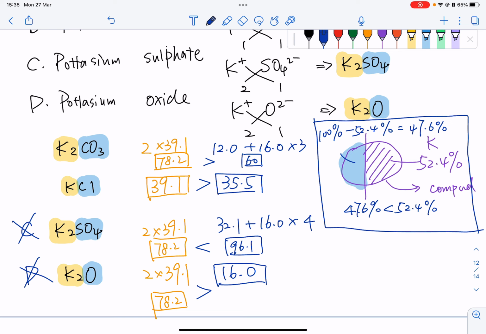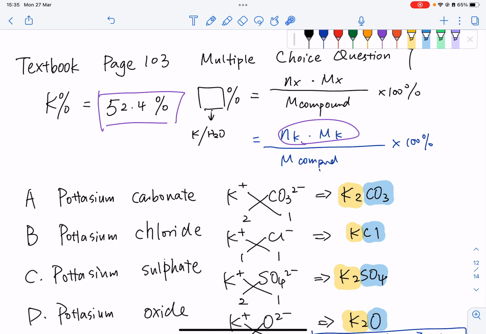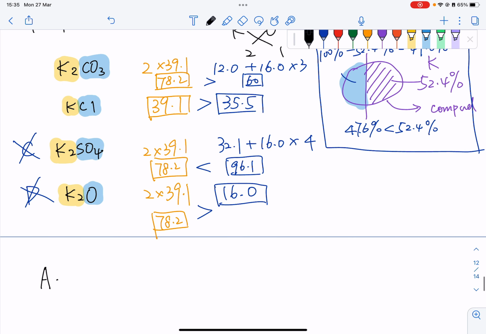And then we'll have to calculate which one should be the correct answer. If we follow the formula here, N_K times M_K divided by M_compound, let's do choice A. It should be 78.2, which we have already calculated, divided by the mass of the compound, so we add it all up together.